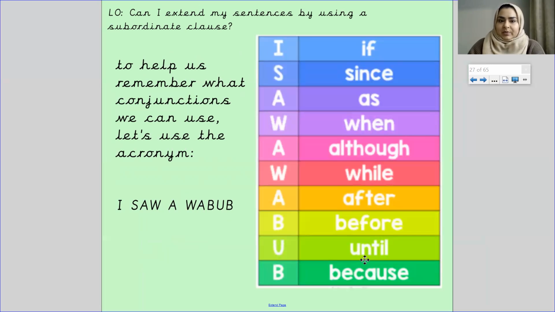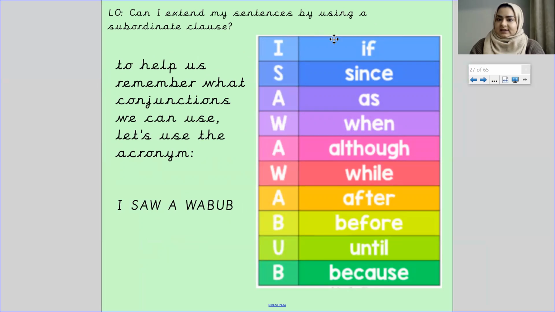To help us remember what conjunctions we can use, let's use the acronym, I saw a wobbub. The way to remember your subordinate clause conjunctions is this little acronym, I saw a wobbub.